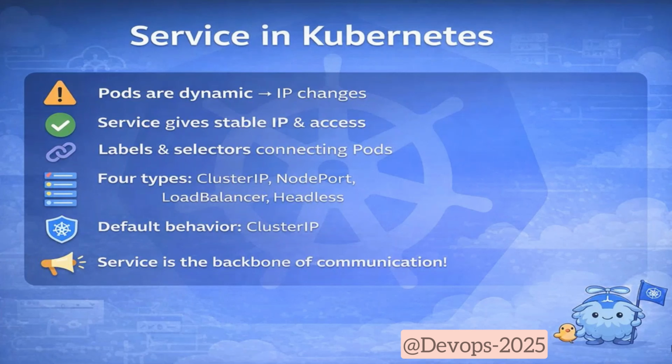So in this case, pods may change, IPs may change, but the service IP remains the same. The service always knows which back-end pods are active and automatically forwards the traffic, so the front-end keeps working without any change. That is where service removes the dependency on pod lifecycle.